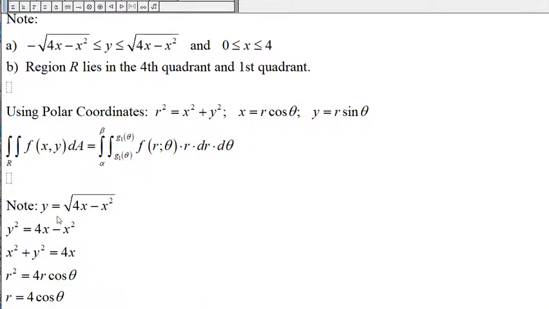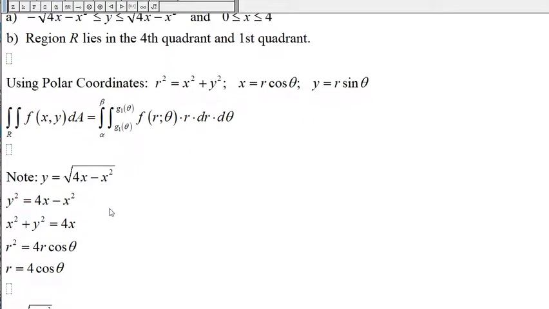Here we have y is equal to the square root of 4x minus x squared. We want to rewrite this equation in polar coordinates, that is, find the corresponding equation in the polar coordinate system. Square both sides, we get y squared is equal to 4x minus x squared.